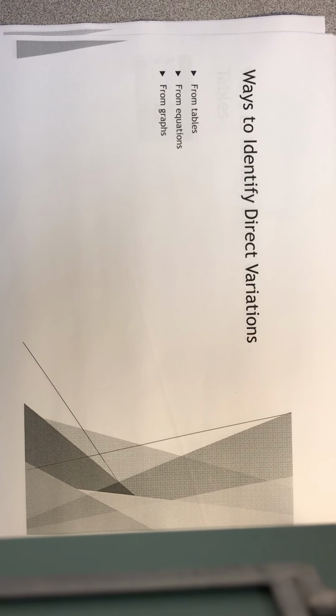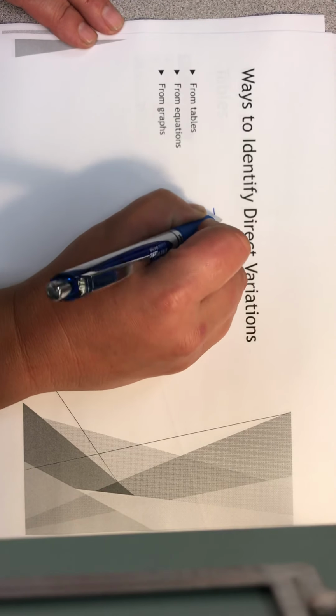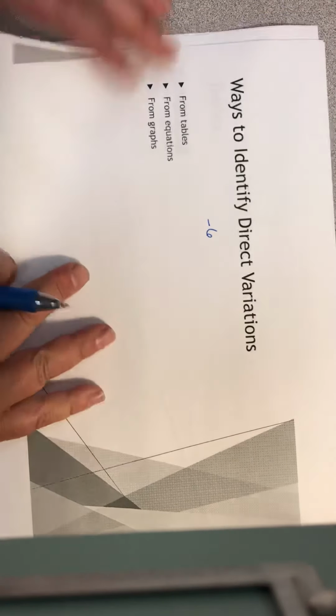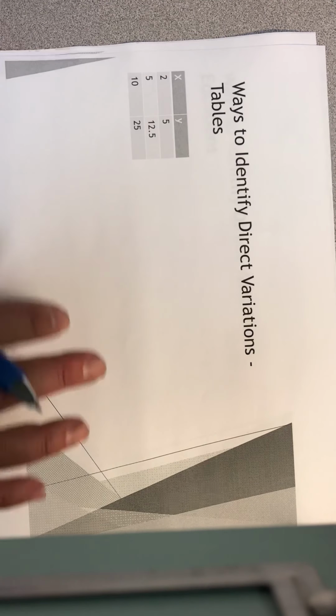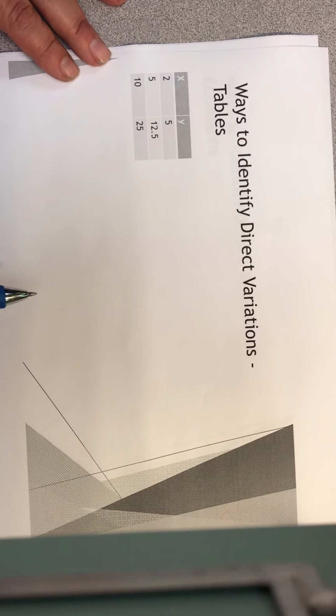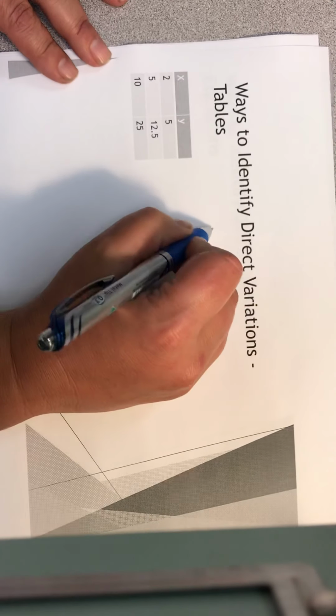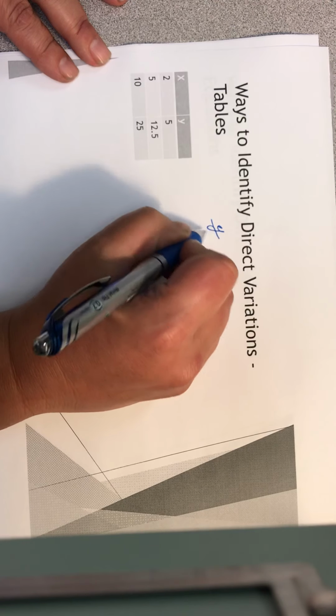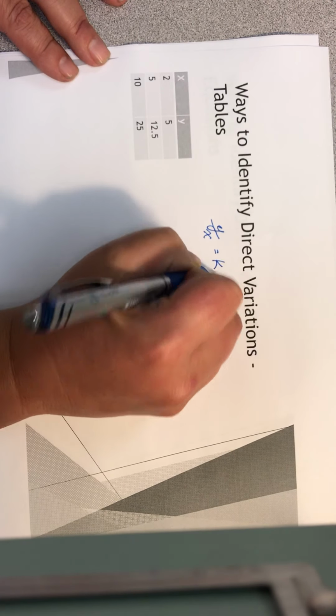So if we had, for instance, a table, can we tell from this table whether or not we have a direct variation? Well, yeah, because if we have a direct variation, each y over x is going to equal the same k.